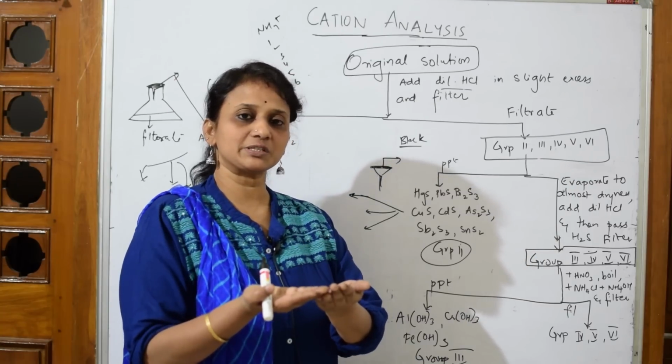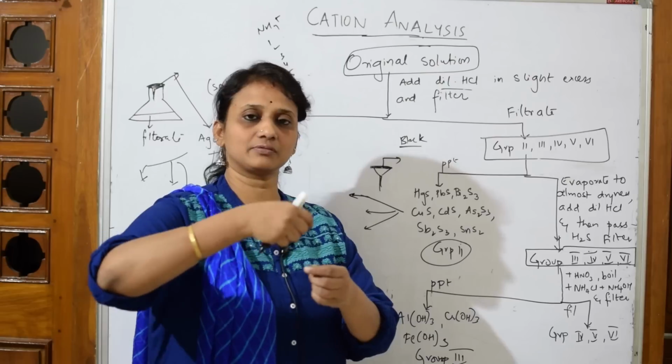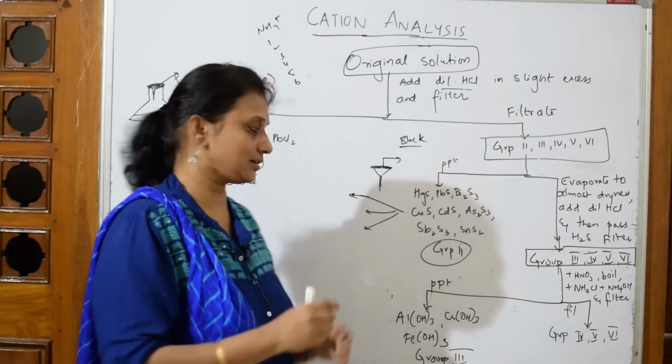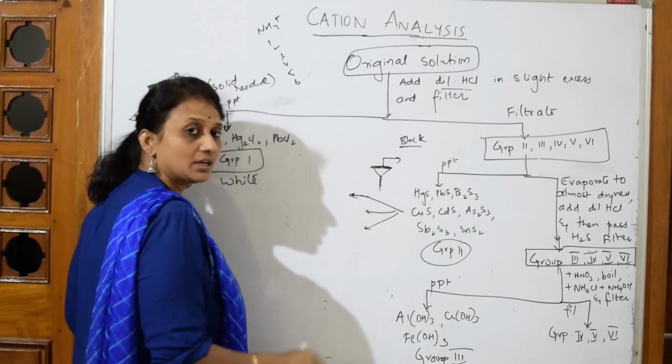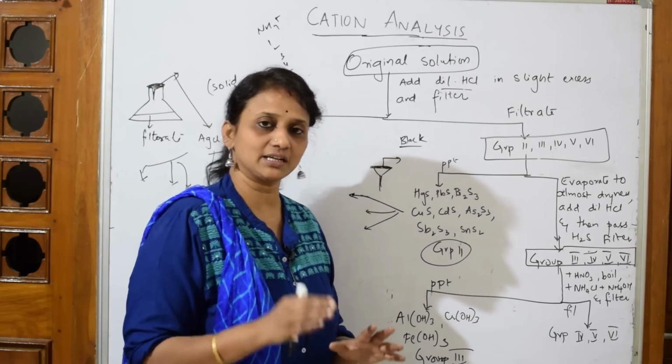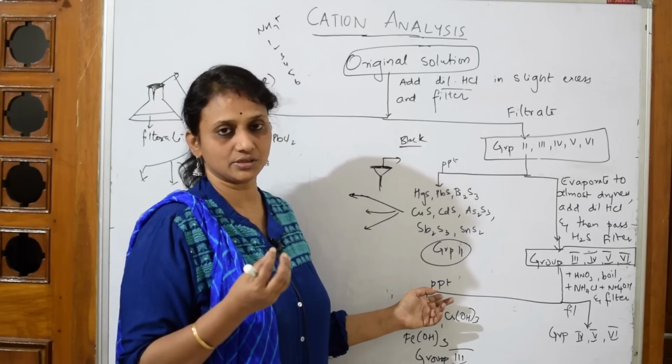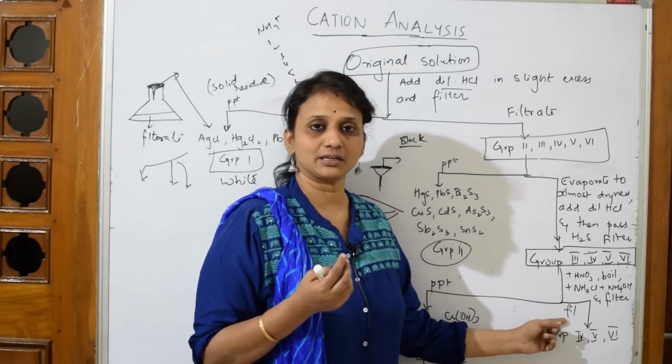Then once you observe the precipitate, you will take a funnel, take the filter paper, prepare a cone and put it in that. Then again you start filtering it. When you filter it, again two things you will get. On the filter paper, you will get a precipitate or residue. At the bottom, you will be getting the filtrate.